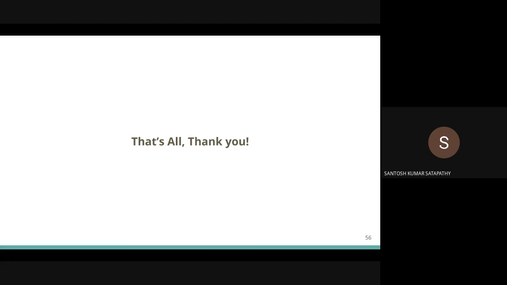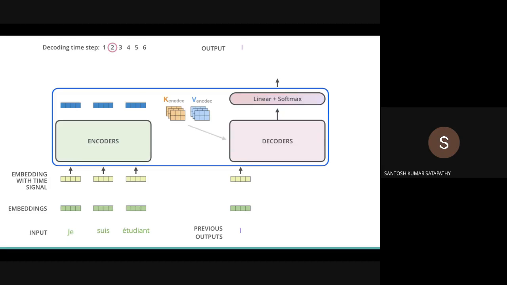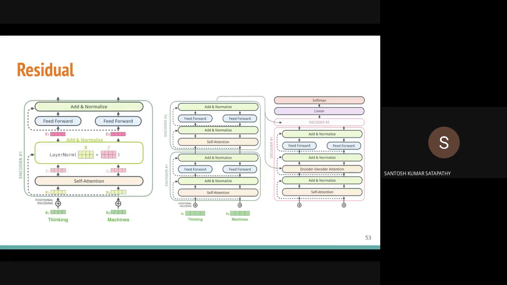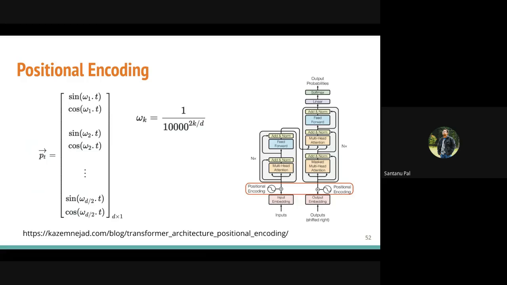Sir, regarding the autoencoder and encoder decoder. Yes. If the class level is there, can we apply that model, sir? For autoencoder, right? Yes, sir. So for autoencoder, I can explain through this architecture.